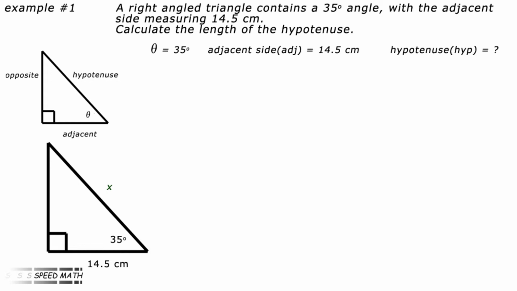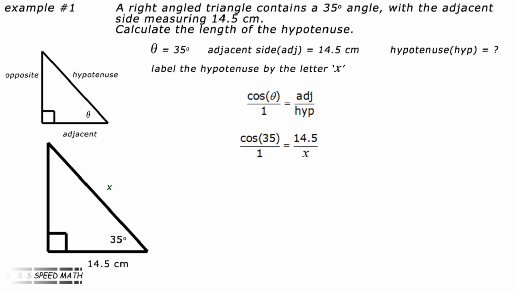I find it always a good thing to visualize the problem by making diagrams, so I've made a little right angled triangle with the side names, and a larger triangle with the numbers on it. First, write out the cosine ratio equation, putting a 1 under the cosine theta. So we have cosine theta over 1 equals adjacent over hypotenuse.